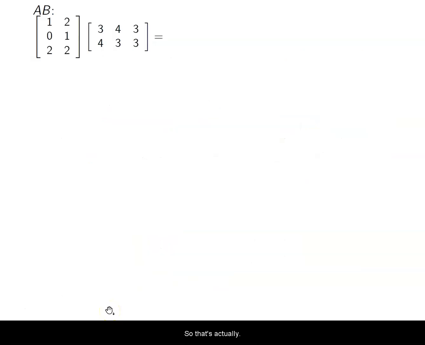So let's actually multiply this together. Okay, AB, I have my A, I have my B. We're going to go slowly, piece by piece, so that we can see this. I'm going to go 1 times 3 plus 2 times 4. First row times first column, right? The respective entries multiply times each other, and I add the results together. And since this is the first row, first column, that product and sum will create my first entry.